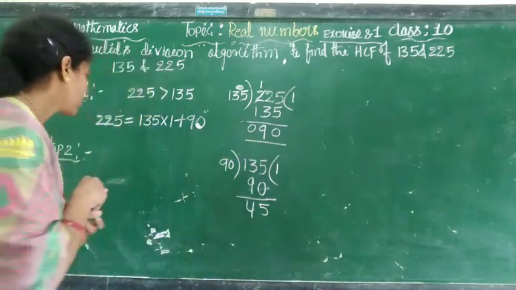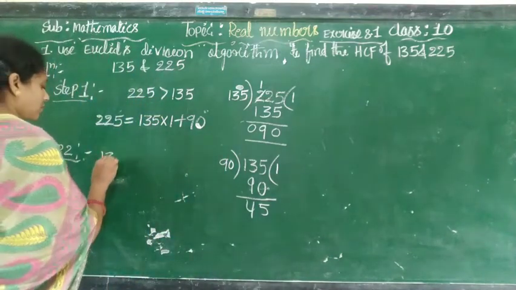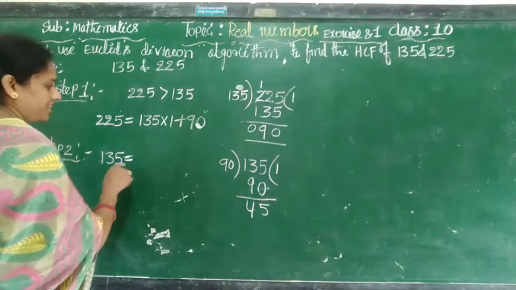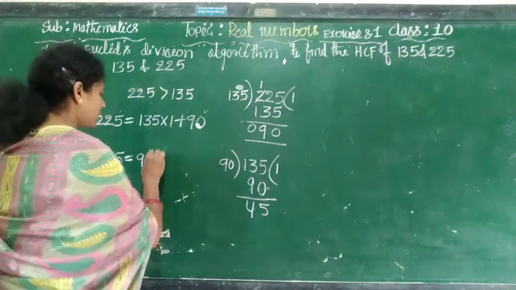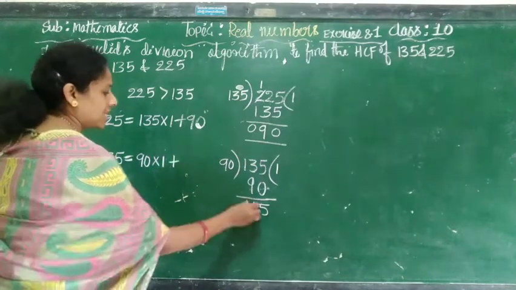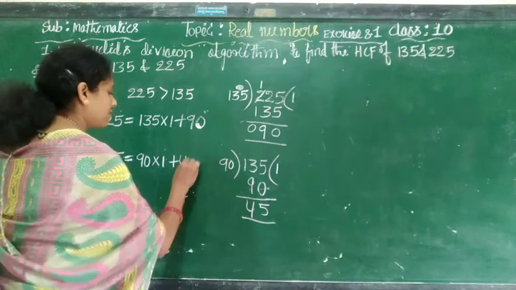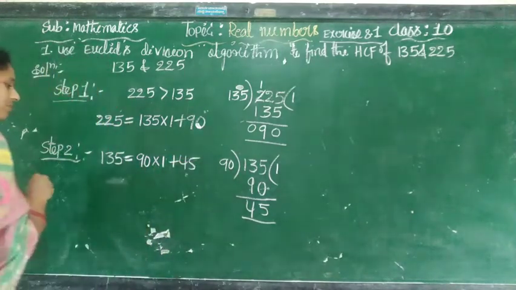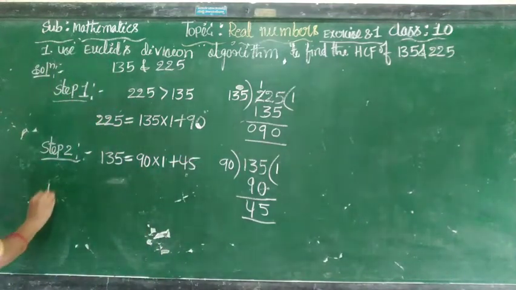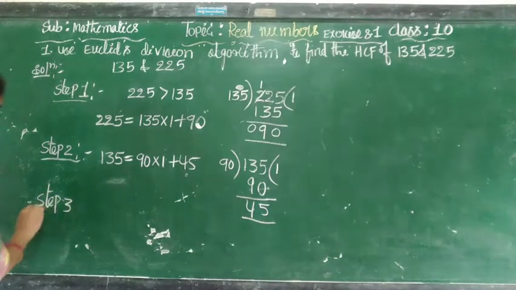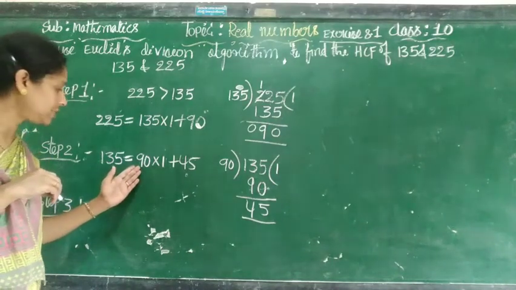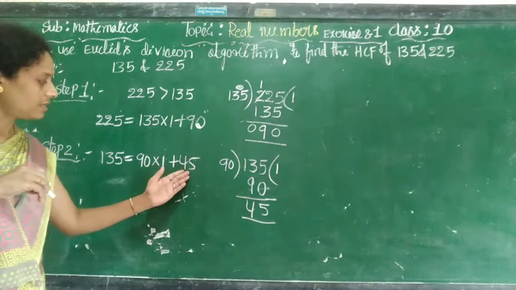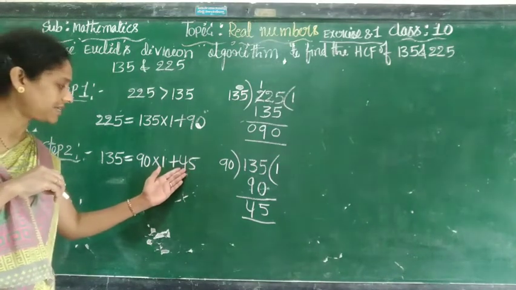So next, 135 is equal to, dividend is equal to divisor into quotient plus remainder 45. So next we take step third. We consider the new divisor and the new remainder.